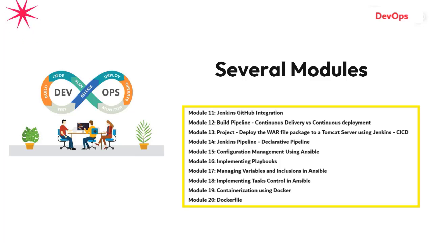We'll have several projects like deploy the war file package to a Tomcat server using Jenkins, using the CI/CD Jenkins pipeline, in which we'll discuss the declarative pipeline, configuration management using Ansible, how to implement the playbooks, managing variables and inclusions in Ansible, implementing task control in Ansible, containerization using Docker and how to use the Dockerfile.